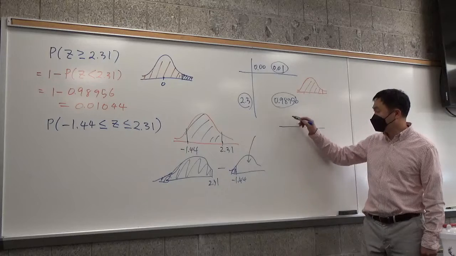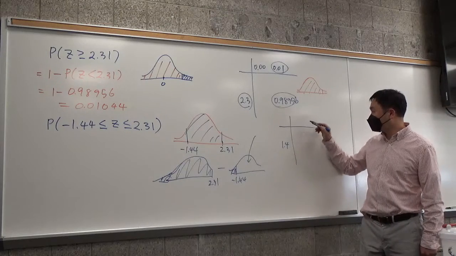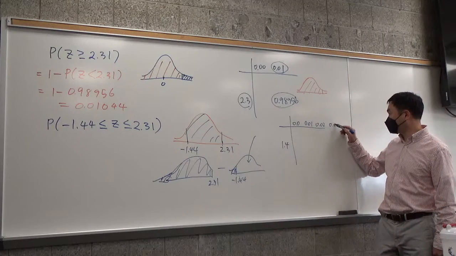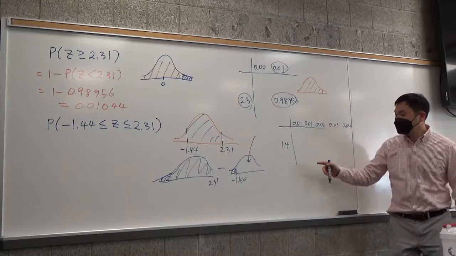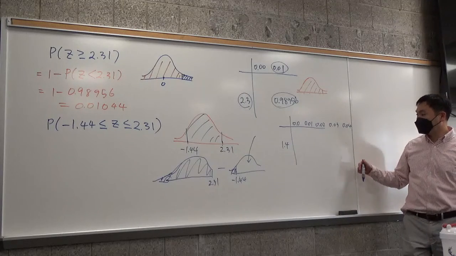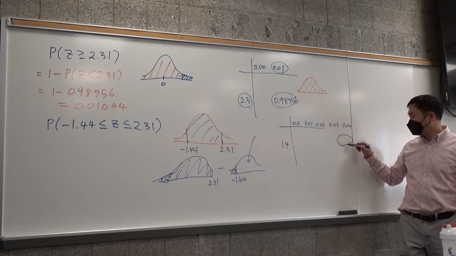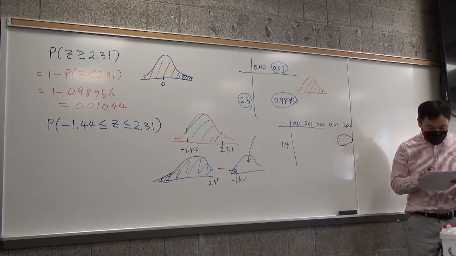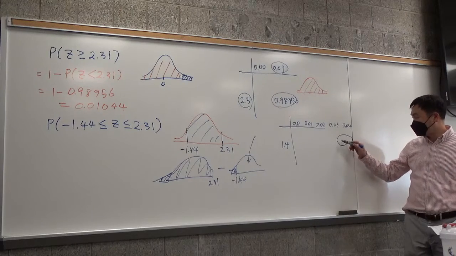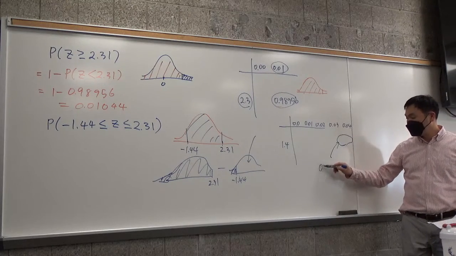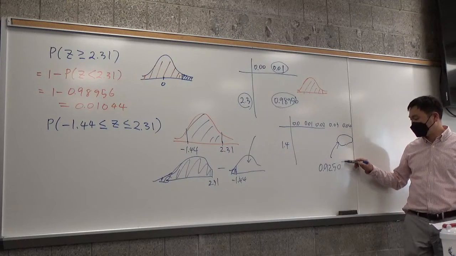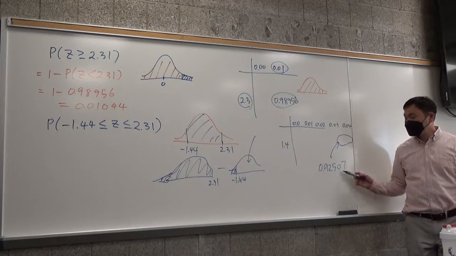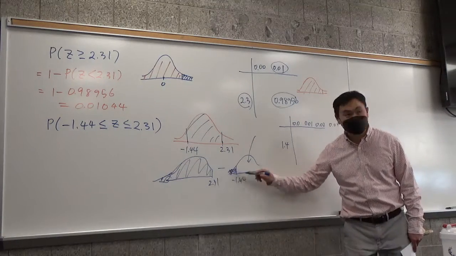Well, first go to, here's 1.4, and if you go 0.0, 0.01, 0.02, 0.03, 0.04, since 1.4 plus 0.04 is 1.44, you read this number right here where they meet, and if you read it, let's see, 0.92507.